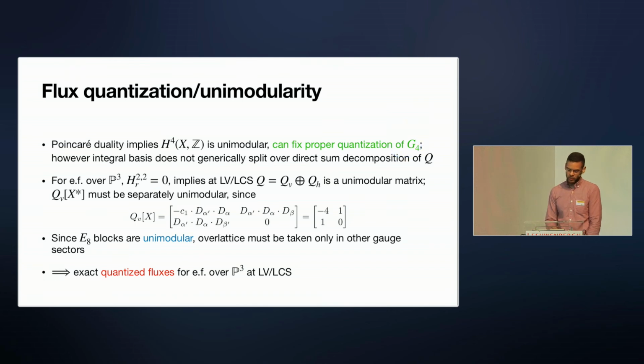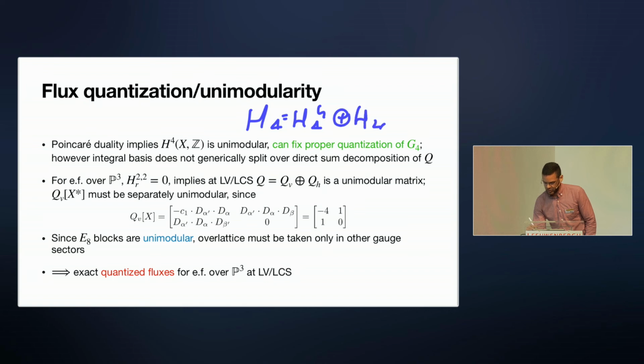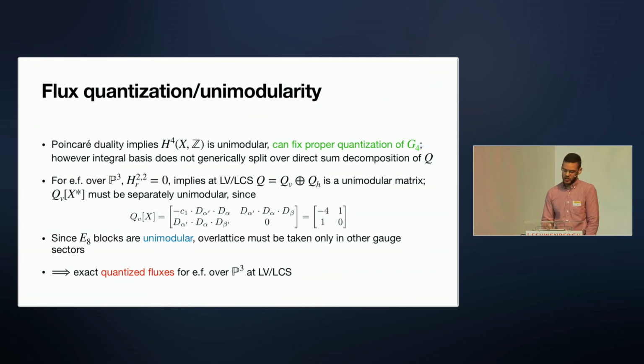But for the elliptic fibration over P3, it's a known result that the remainder part of the cohomology, so remember there's this decomposition into H4 horizontal plus H^{2,2} vertical plus H^{2,2} remainder. And I didn't say much about this guy, but it actually vanishes for this particular elliptic fibration.